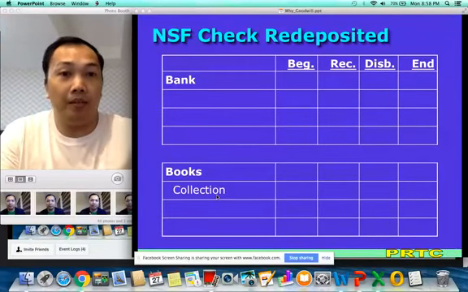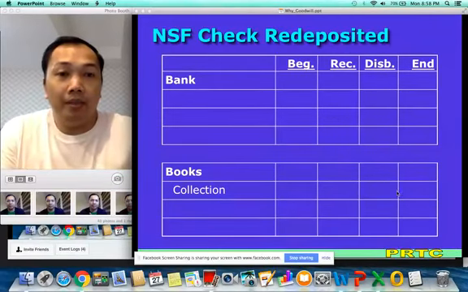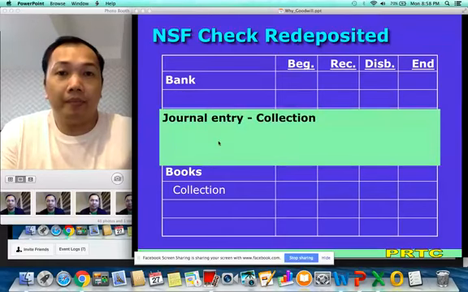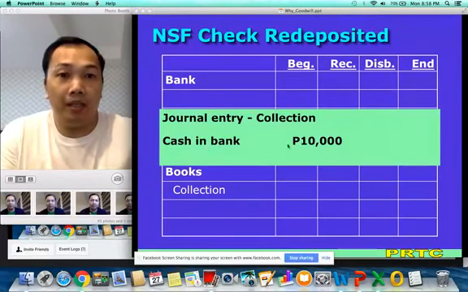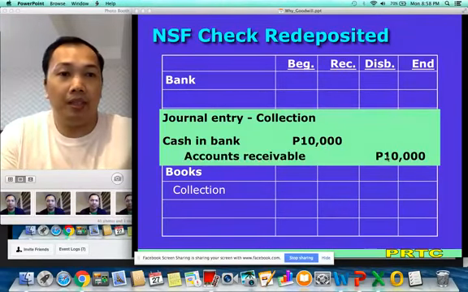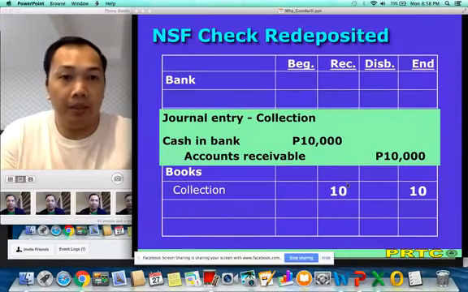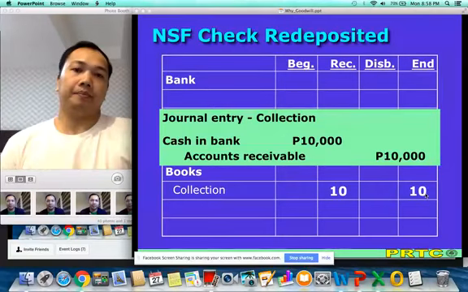Debit cash in bank 10,000, credit accounts receivable. In the books, papasok yan as receipts. Tanggalin na natin yung 3 zeros for convenience. Then automatic, increase in ending.